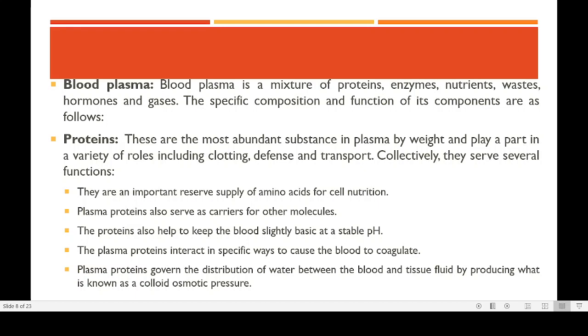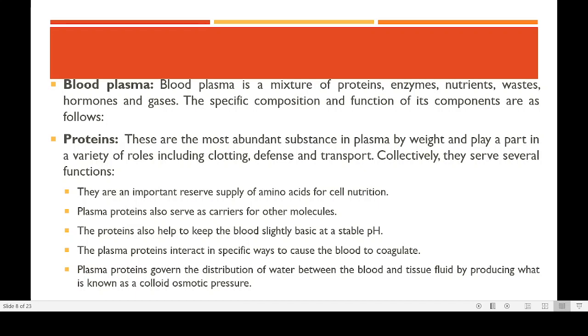And for the formation of a clot, an important plasma protein is fibrinogen. Fibrinogen is important. That is a plasma protein. So in that way, plasma protein helps the blood to coagulate. So coagulation or clotting of the blood is another function provided by the plasma protein.